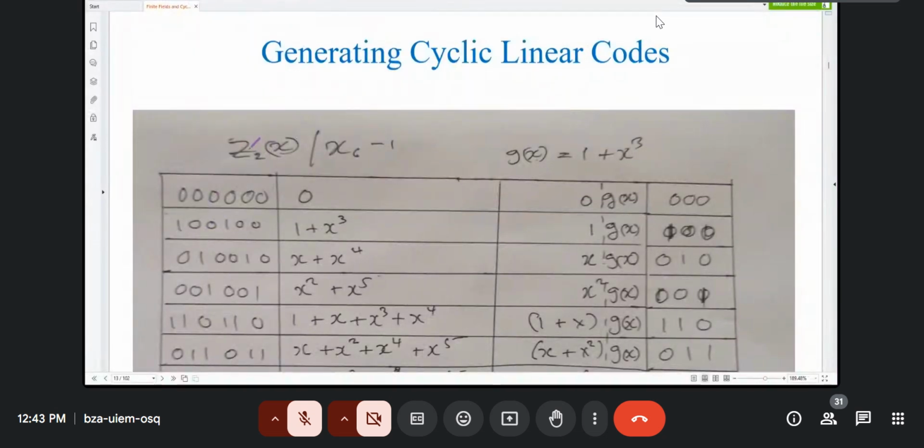And so generally we'll be dealing with this Z2[x], what we also call GF(2), the Galois field 2. So in this case, we are saying we have code words which are 000, and in this case, we have identified that this can be used to generate this code. But later we are going to see how you arrive at this.